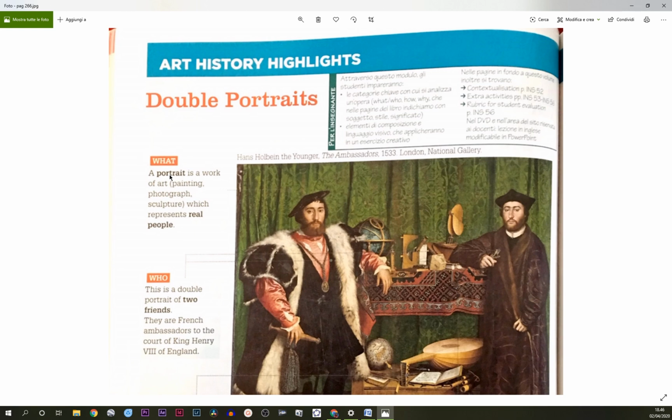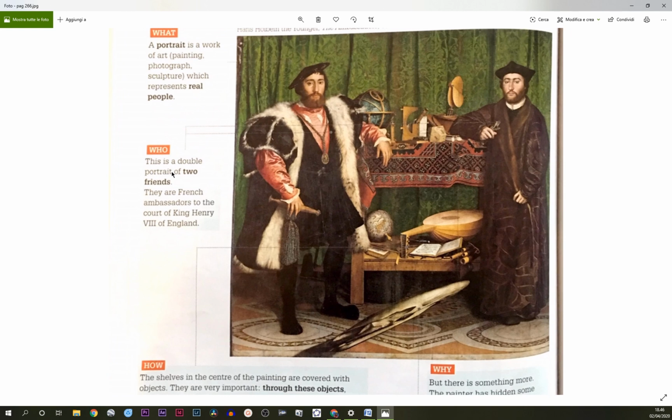What is a portrait? A portrait is a work of art, painting, photograph, sculpture, which represents real people. Okay? Then, who? This is a double portrait of 2 friends. They are French ambassadors to the court of King Henry VIII of England.